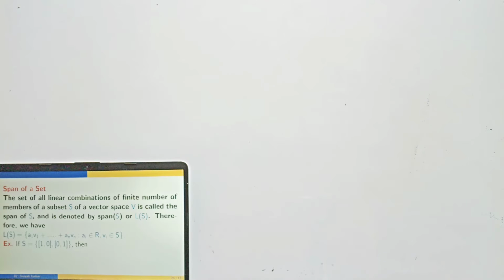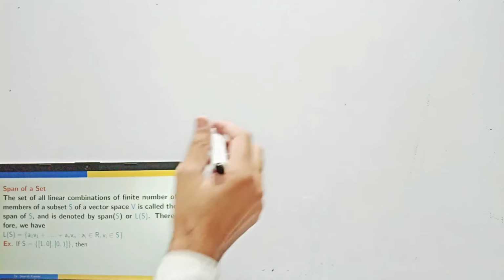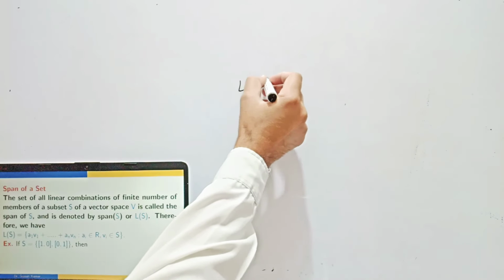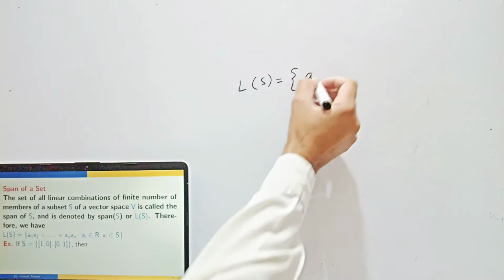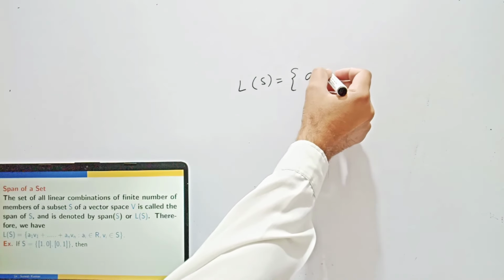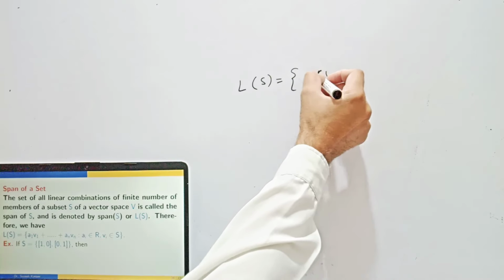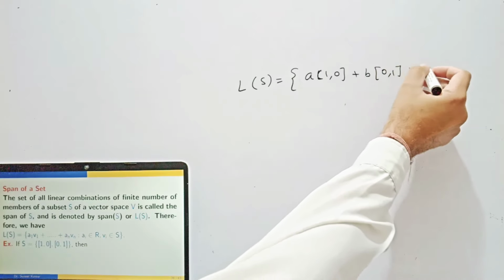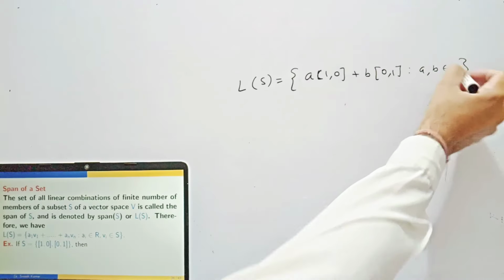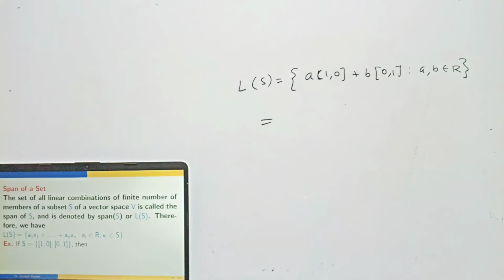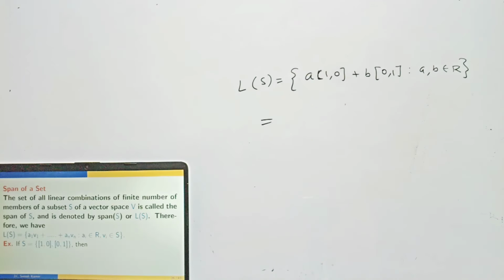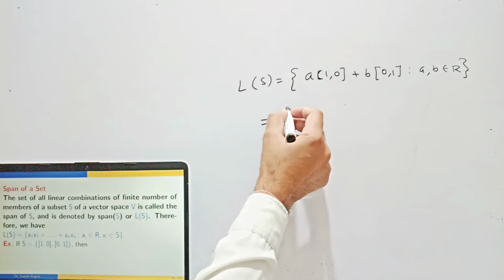See this example. What is the linear span of this set, S equal to {(1, 0), (0, 1)}? S carries two entries in R2, (1, 0) and (0, 1). So what is LS? Multiply the first vector by some scalar a, some real number a, a(1, 0) plus b(0, 1), where a, b belong to R. So this set gives the linear span of S because you have written all possible linear combinations of the members of S. You can simplify it further if you like.